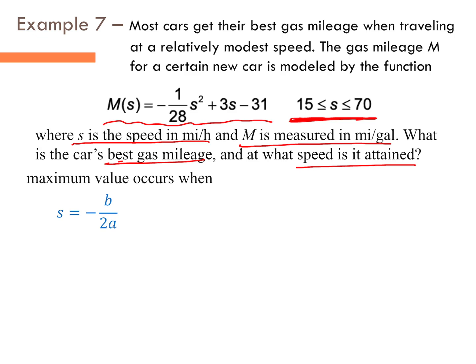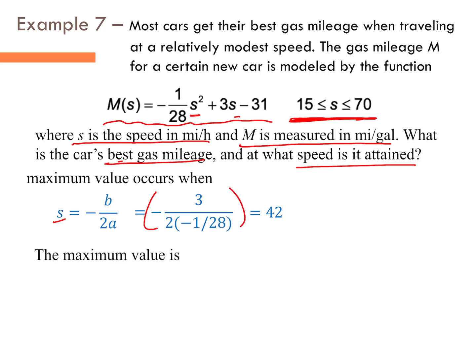So start with the x. I just used s right here because that's what they used in their equation. So our negative b over 2a is 3 over 2 times negative 1 over 28. Plug it into your calculator and you should get 42. I highly recommend you plug this into your calculator and make sure you can get 42. Then for our maximum value, I need to plug this 42 in for s.